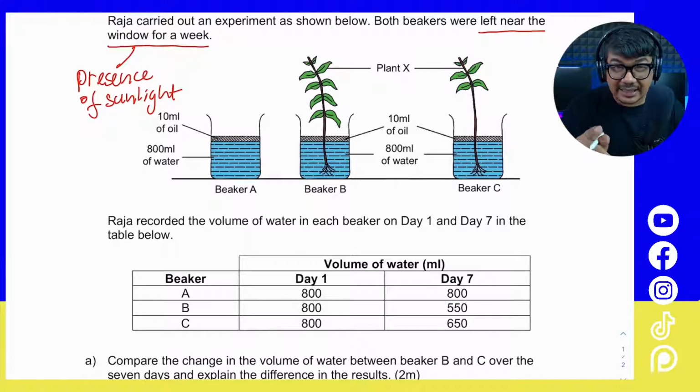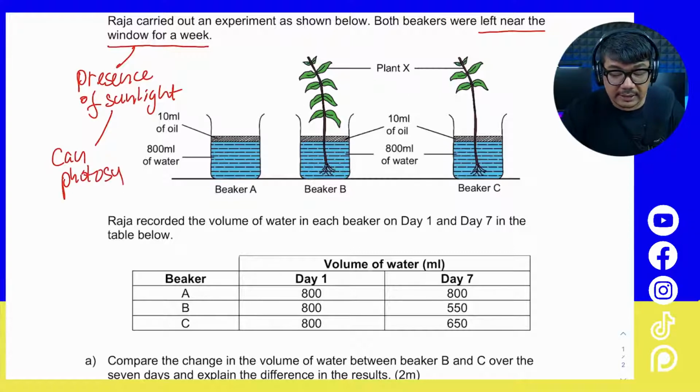Just in case you're not sure about the factors or components needed for photosynthesis, you can watch our video. I will put the link in the description below, where we talk about photosynthesis. So with the presence of sunlight, this means that the plant can photosynthesize to make food for themselves, and for them to survive.